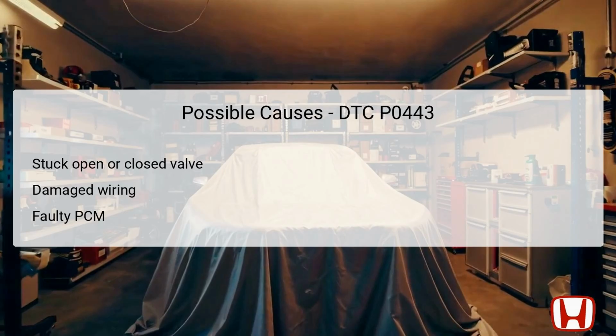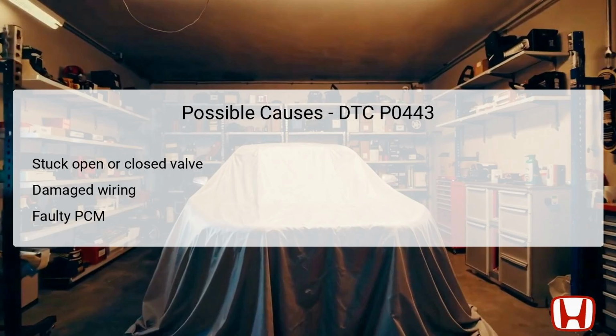One common cause is a malfunctioning EVAP canister purge valve that may either be stuck open or closed. If the valve is stuck open, it allows the fuel vapors to escape continuously, causing poor engine performance and emissions failure. Conversely, if it's stuck closed, the vapors cannot vent properly, which may bring about additional pressure issues within the fuel system.